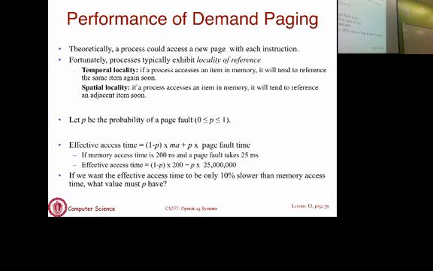Or if you are accessing variable I in some snippet of your code, that snippet may access that variable again in the near future. Access to that variable I again brings you back to the same page where I is stored in the stack. So all of these observations give rise to temporal locality, which is that if a process accesses a memory item or a page, it will access it again in the near future.